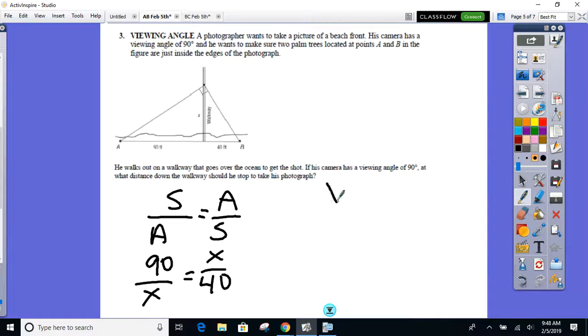X squared equals 3,600. How far on the walkway does he have to go? I got a 16. Whenever you're ready, Thomas. 60? Oh, that's a long walkway. 60 what? Bananas, chairs, corn shackles? What do you got? Feet. Good.